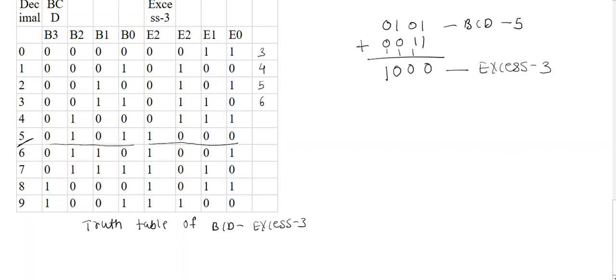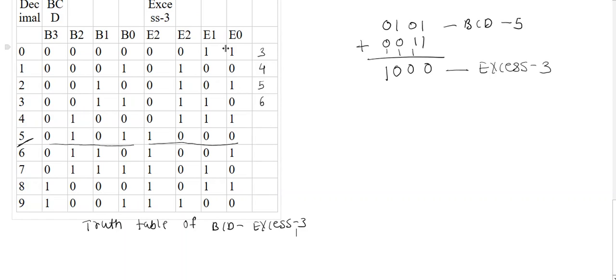Now once we get the truth table, we want to simplify it by using the K-map technique. Now we need to draw the K-maps for all the outputs. Here the XS3 code bits are E0, E1, E2 and E3. These are the outputs.